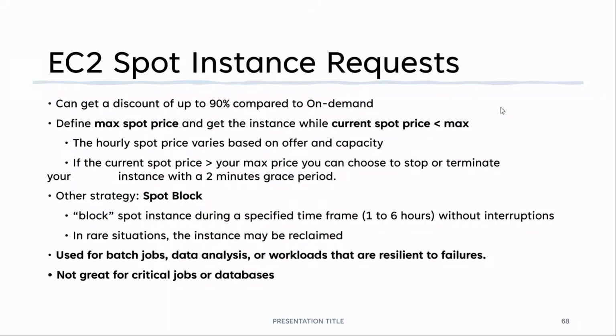So there is no guarantee that even if you use a spot block, you will get that instance for those couple of hours; only when your current spot price is less than your defined max price will you have your instances. So basically it's used for batch jobs, we already saw that, not great for critical workloads like databases.